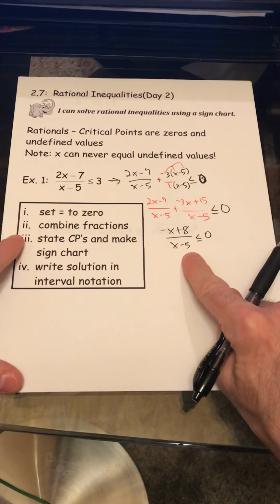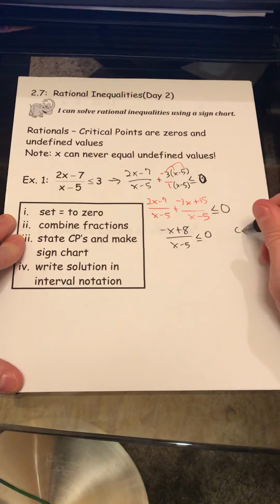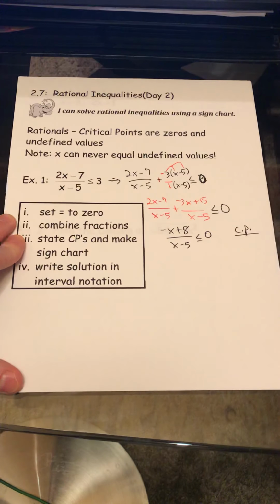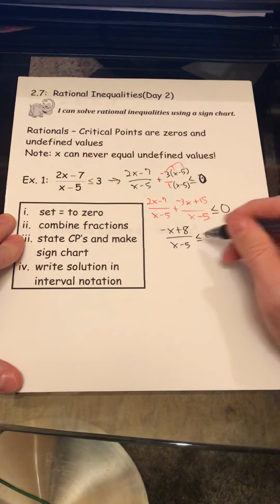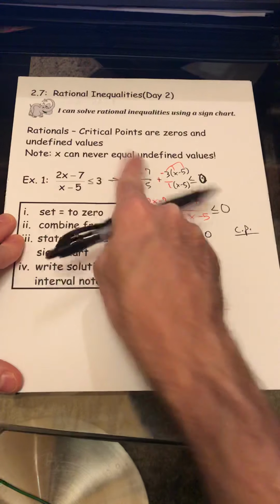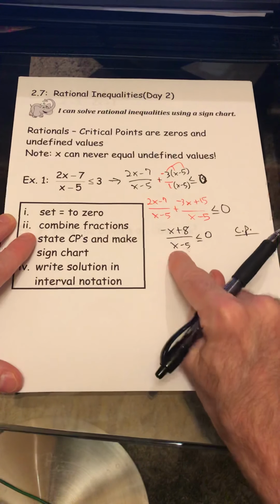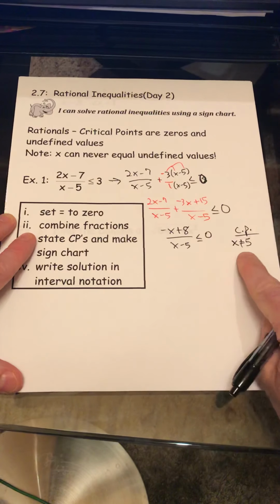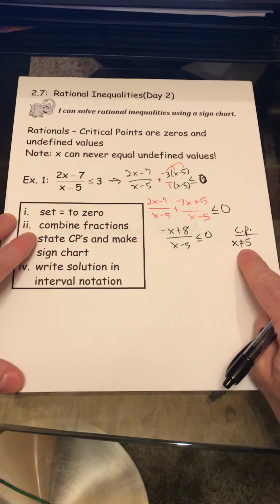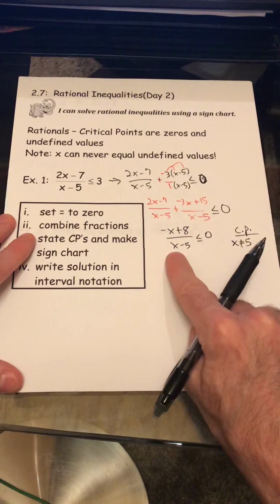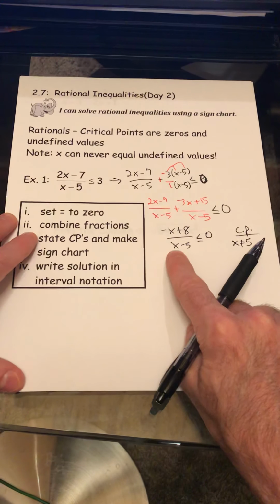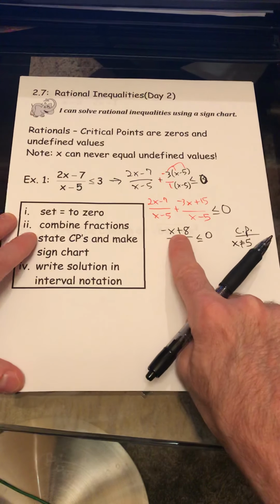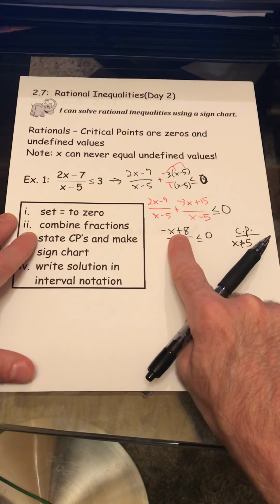So our critical points. Well, here is where I like to actually say for this one, the note, x can never equal an undefined value. Well, right off the bat, for our critical points, I like to put x cannot equal 5. Now, that's our restriction from the denominator. Now, for the numerator, you're basically just looking at what is the solution.